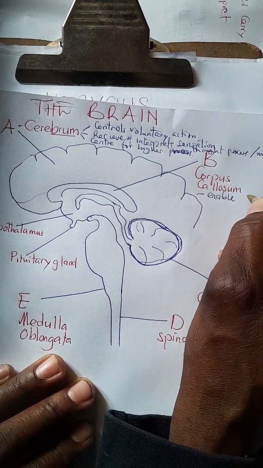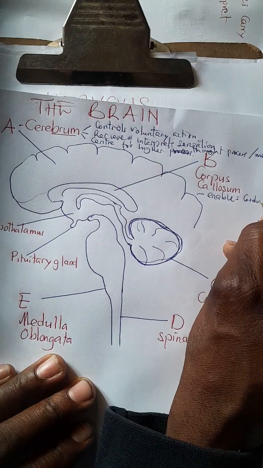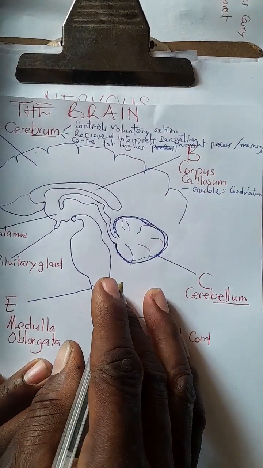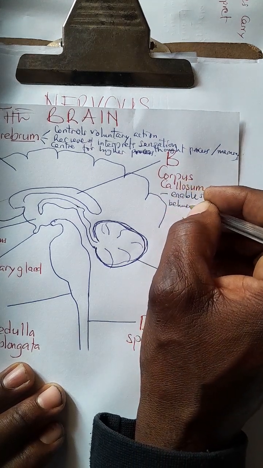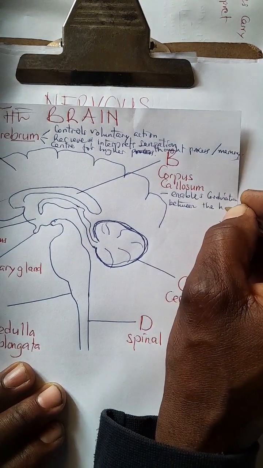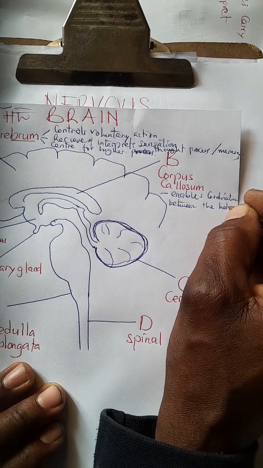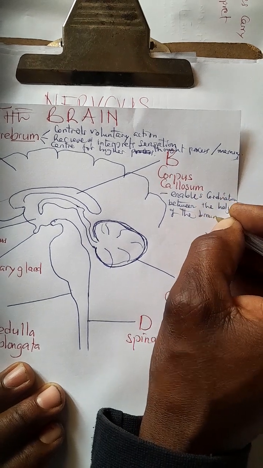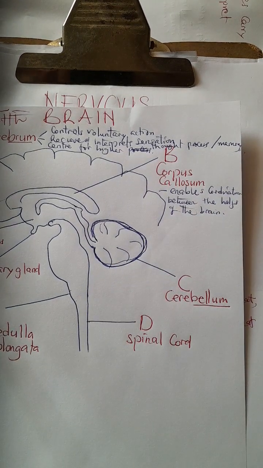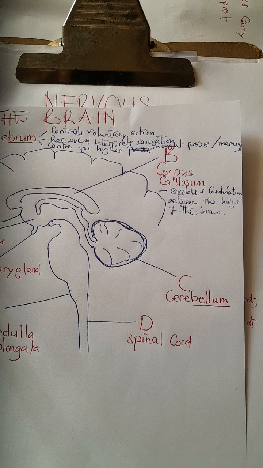Enables coordination. Enables ukubambisana, coordination between the two halves of the brain. So very important. Now remember, the brain is structured in such a way that what happens on my left hand is controlled by my right hemisphere.